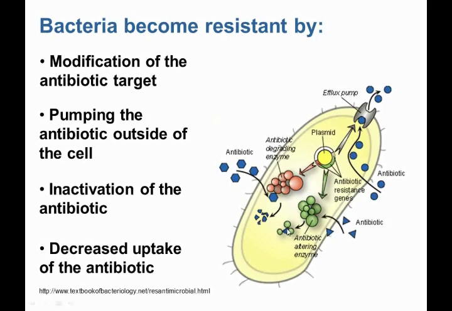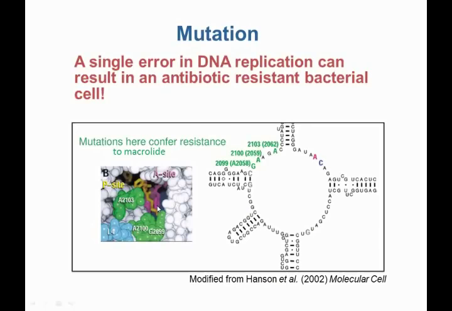Or you can alter the antibiotic into a form that no longer hurts the bacterial cell. So there's a range of different ways to become antibiotic resistant. The big one I was just going to go over, because it's the easiest to understand, is just random mutation from DNA replication. So a single error in DNA replication can result in an antibiotic-resistant bacterial cell.